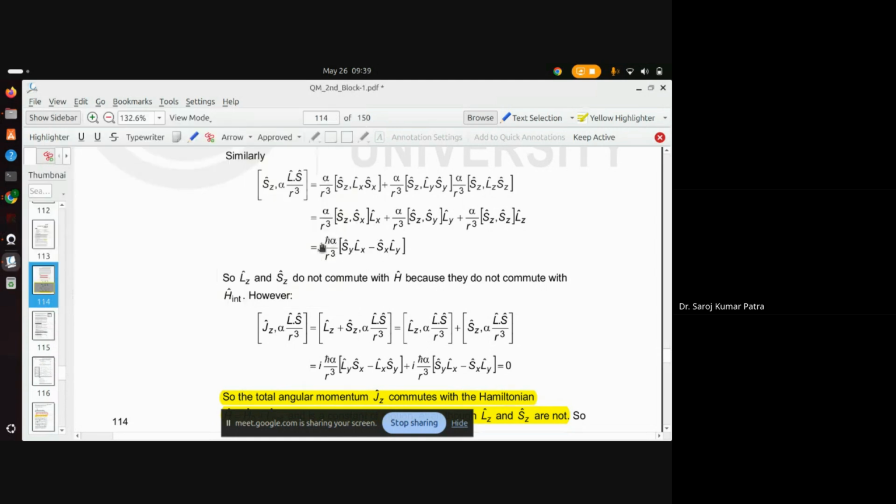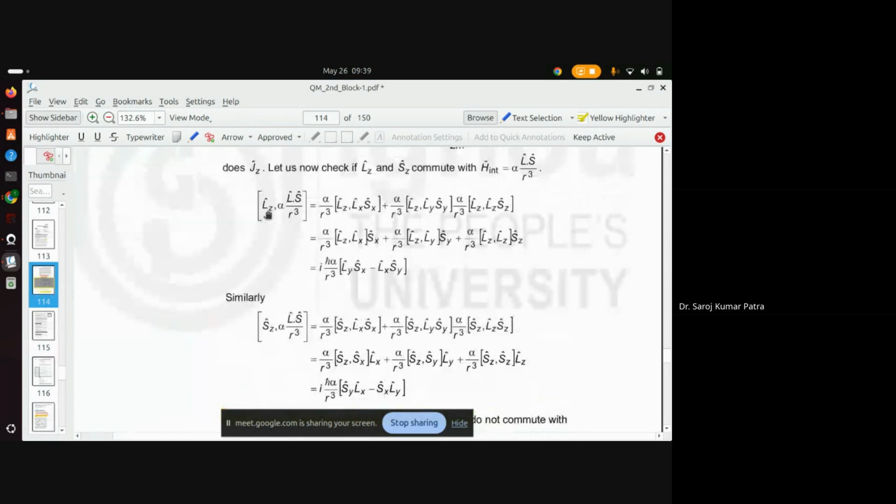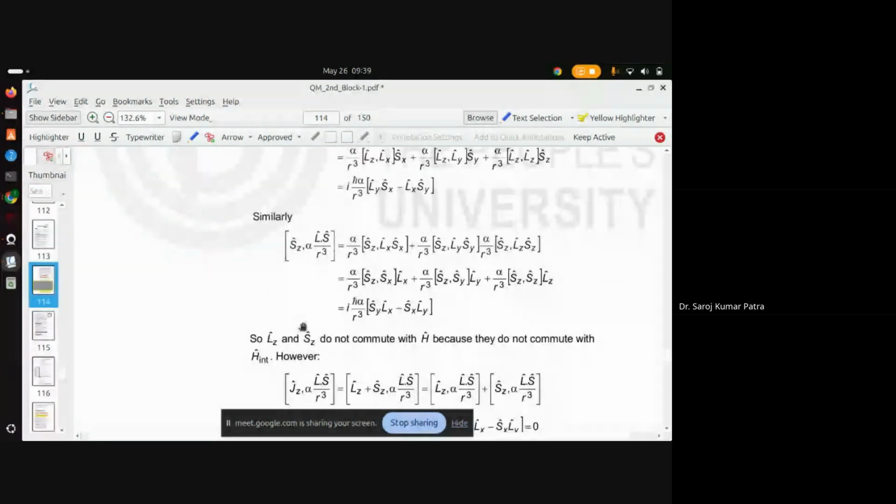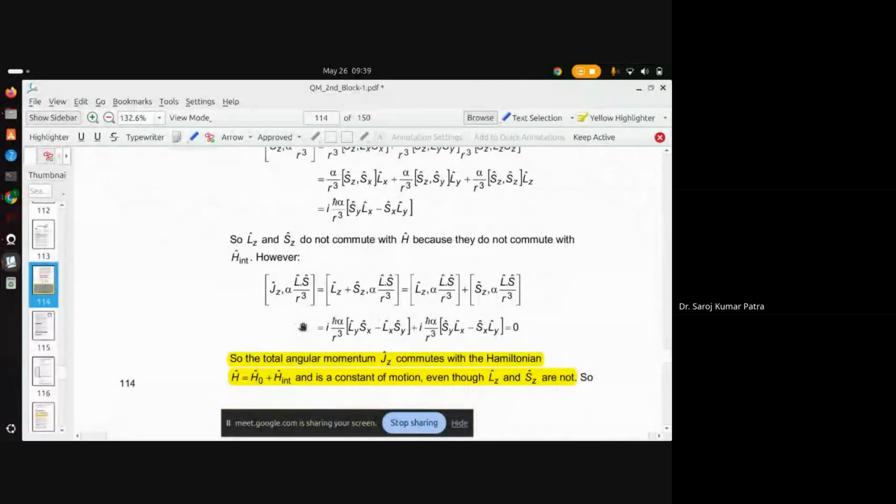So with minus iħ taken common, the terms cancel and the result is equal to 0 for the combination. So that means the commutator of Lz with H interaction, and of Sz with H interaction, is not 0. They do not commute.